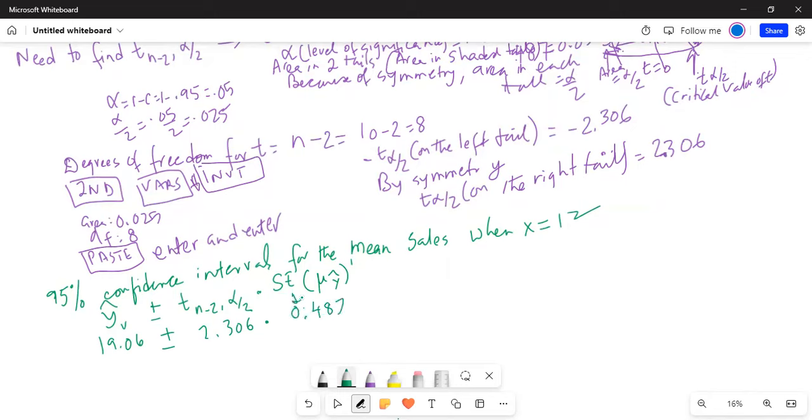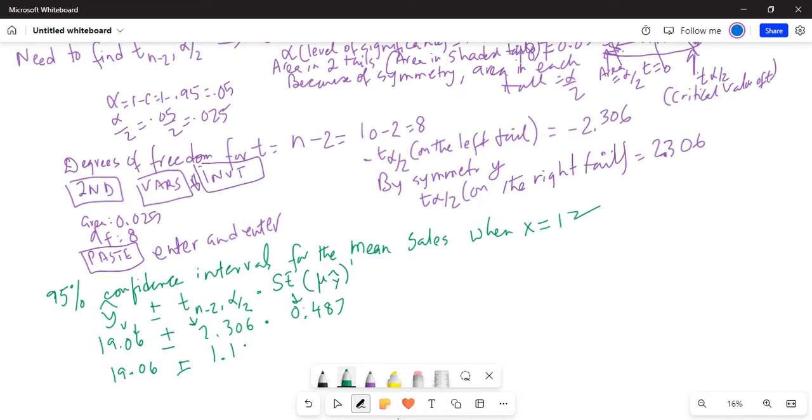So it is 19.06 plus minus 2.306 multiplied by 0.487, and that is equal to 1.12.